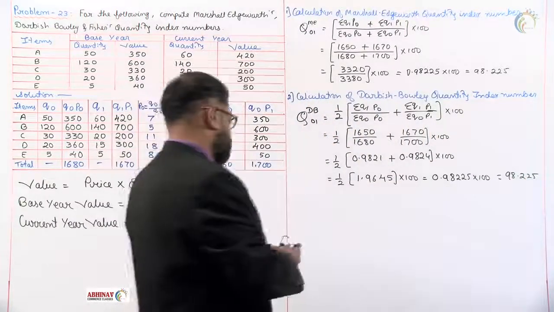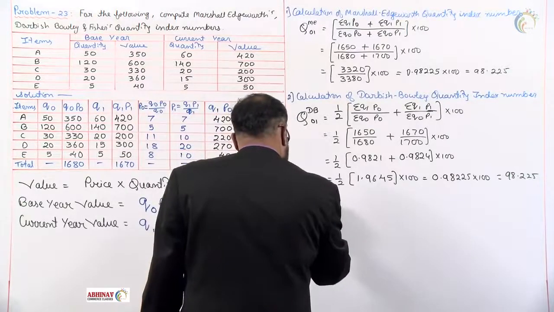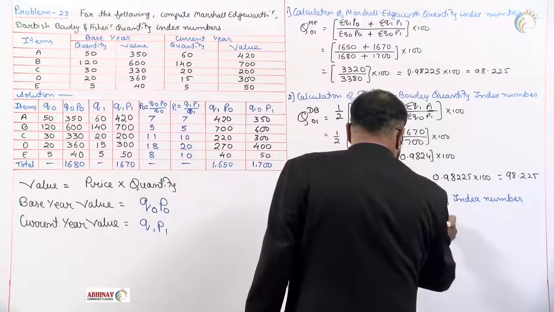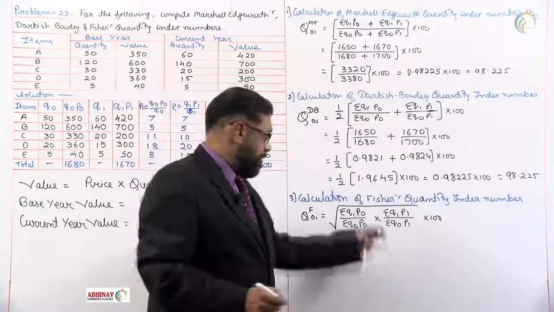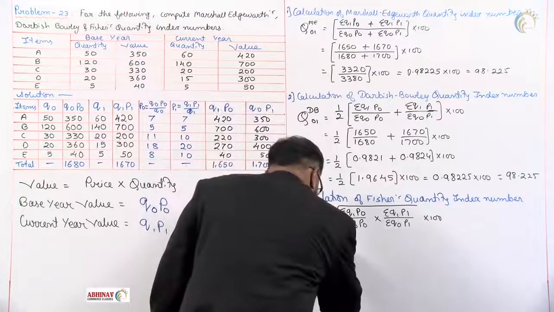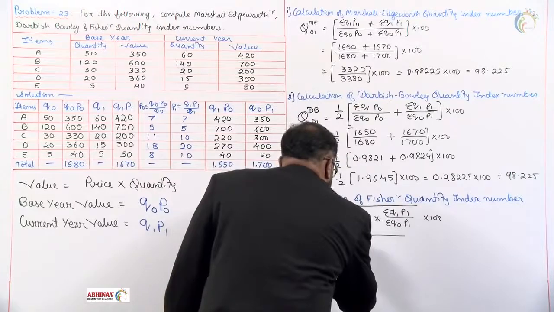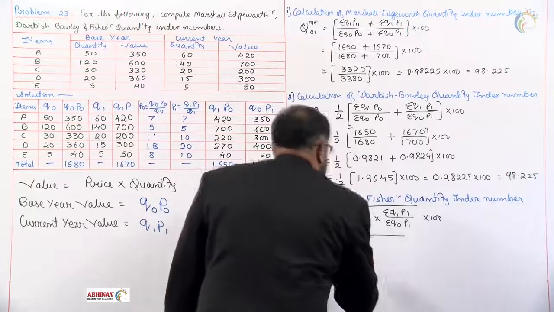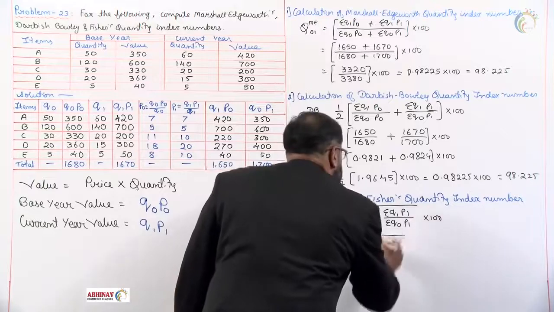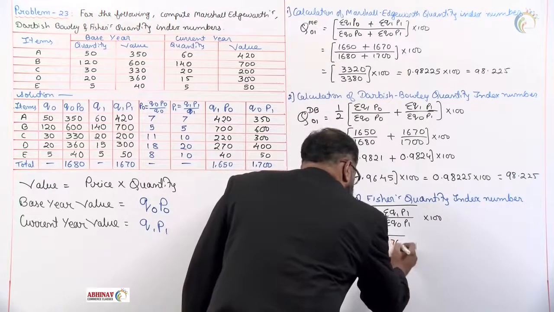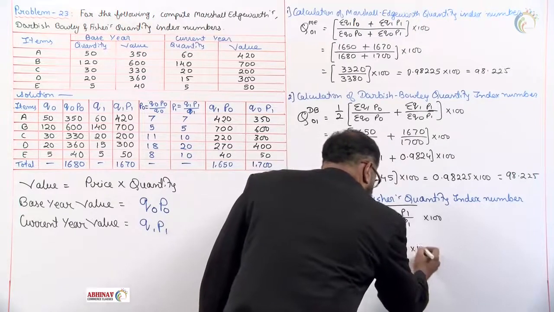Now the last, number 3. Fisher's quantity index number, Laspeyres into Paasche's. Let us put the values in that. Root of 1650 divided by 1680, Q1 P1 1670 divided by 1700, into 100.